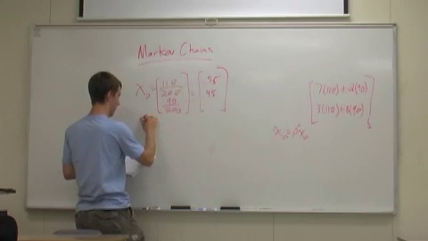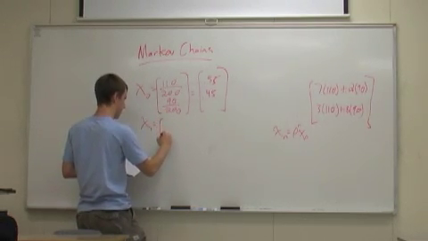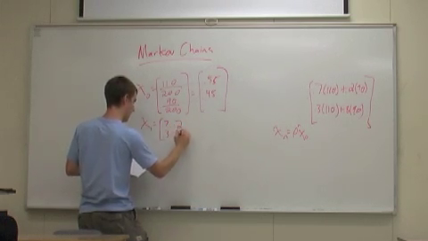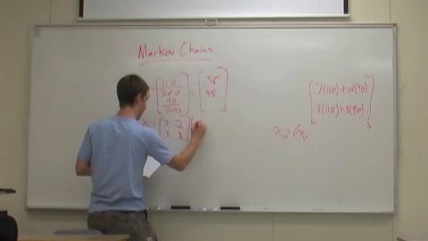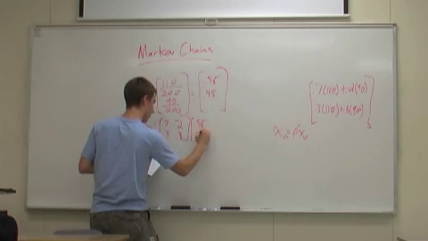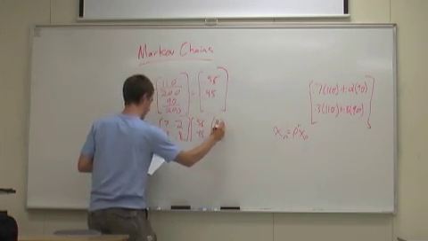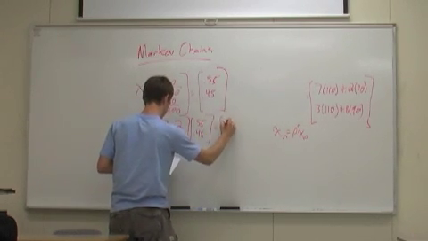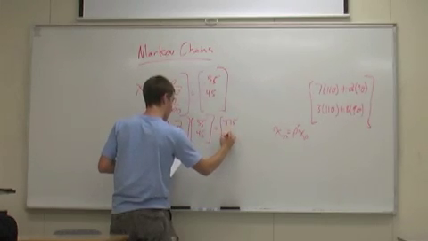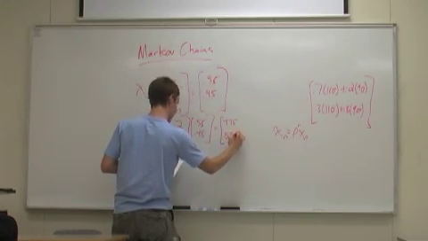Right, so then if you want to find x1, you just multiply it by the transition matrix here, and then you multiply your probabilities, 55 and 45, and without using a calculator, you get 0.475 and 0.525.